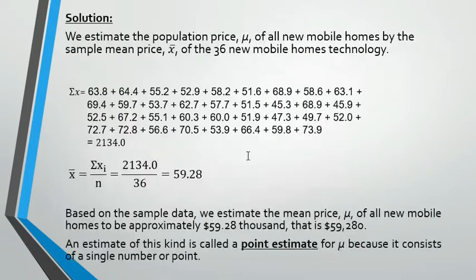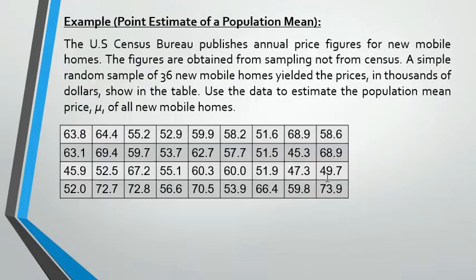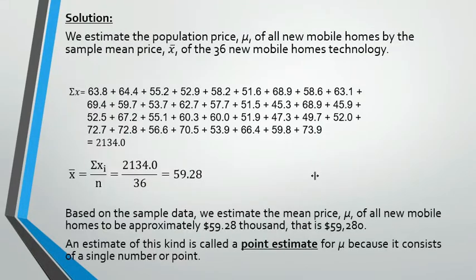So from this data, we estimate the population mean price of all new mobile homes by the sample mean price of the 36 new mobile homes. First we have to add all this data.